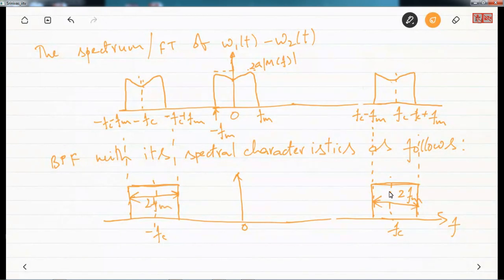It should pass the band of frequencies from FC minus FM to FC plus FM, right? And it should not pass any of the lower frequencies. So that's all. We got it. You apply the W1 of t minus W2 of t to a band pass filter having such characteristics, and then you get your double sideband suppressed carrier signal.